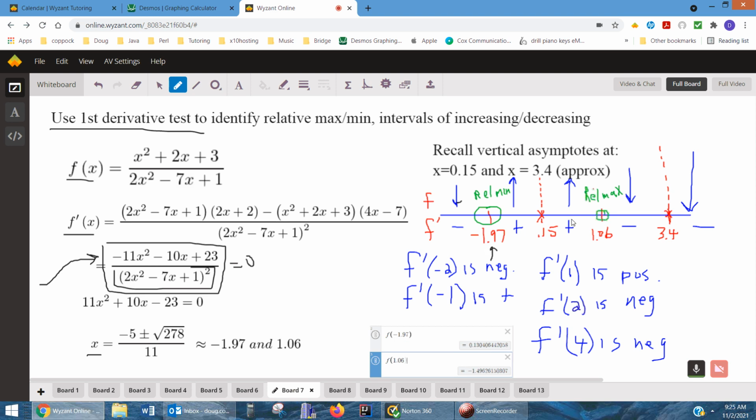And we got a relative max because the function went from increasing to decreasing between the vertical asymptotes at 1.06. And the function value at 1.06 is -1.5 approximately.